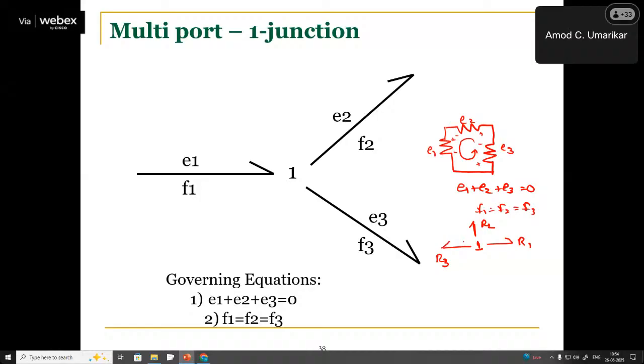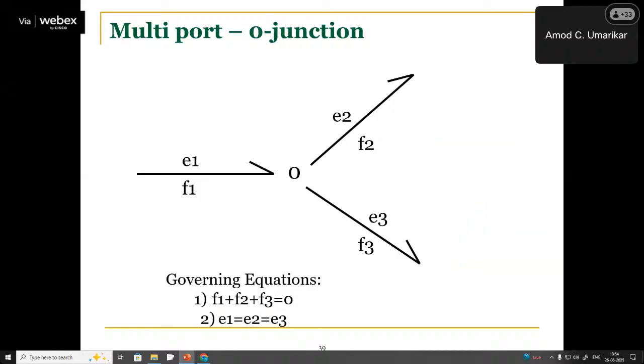Obviously there is also a node. From the electrical point of view, there are F1, F2, F3 and E1, E2, E3.